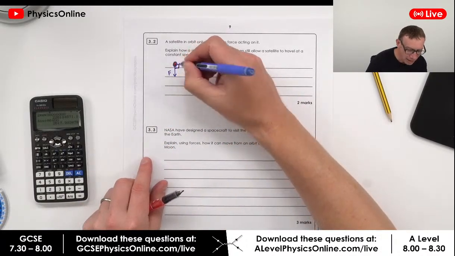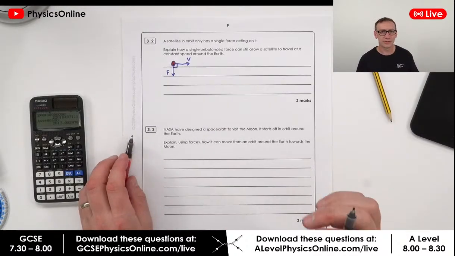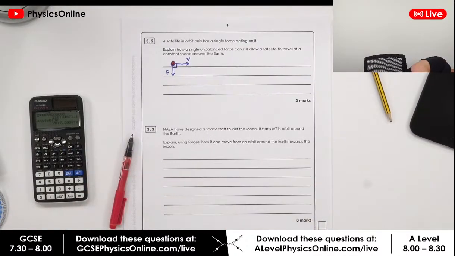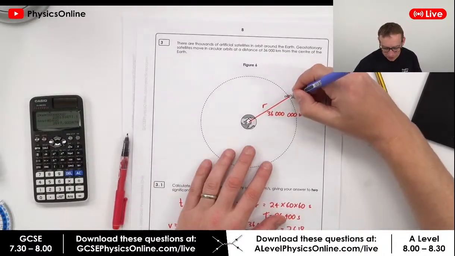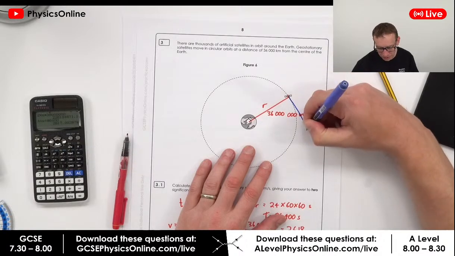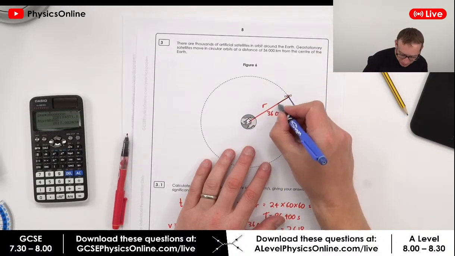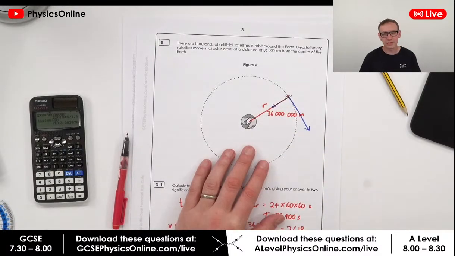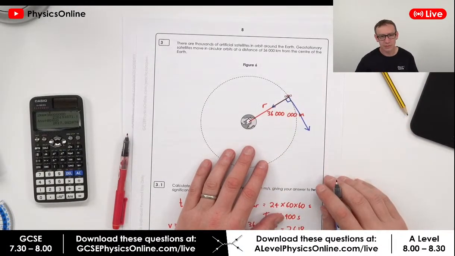And this force at any time is going to be at 90 degrees to the direction that that satellite is moving in. If I just get back my piece of paper, so at this particular point here, the satellite is moving at a tangent to that part of the circle. The force in is going to be directed towards the centre of the Earth due to this gravitational attraction, and therefore these two things are going to be at 90 degrees.